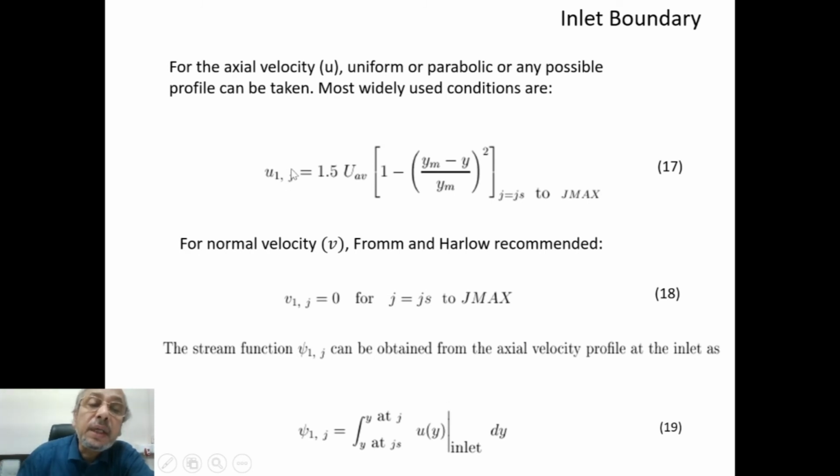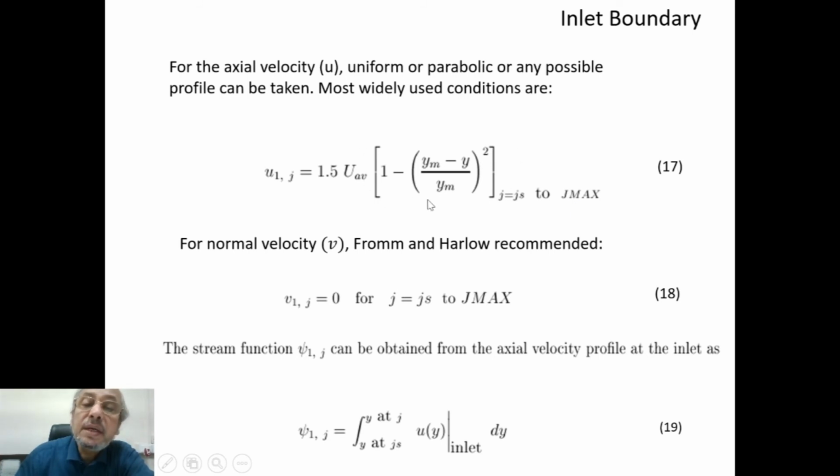J is a variable which is varying, equal to 1.5 for channel flows into u∞, twice your u average, 1 minus y by ym whole square. Here ym means up to the middle of the channel, right? I have not written it here specifically, I have forgotten to write. Ym is the mid height of the channel, right? So j equal to js to j max.